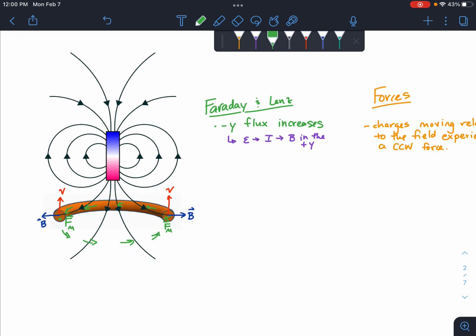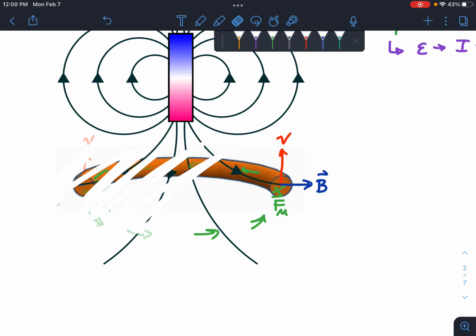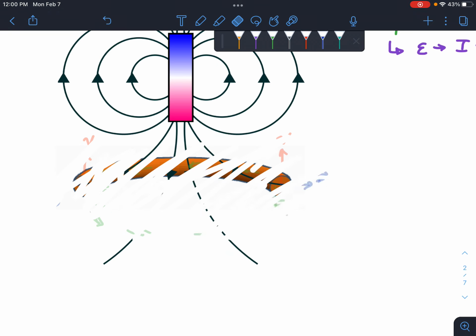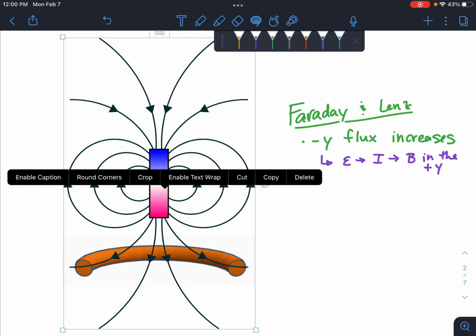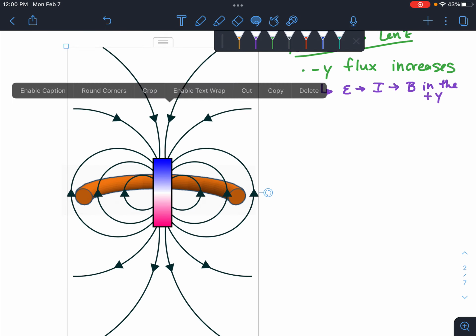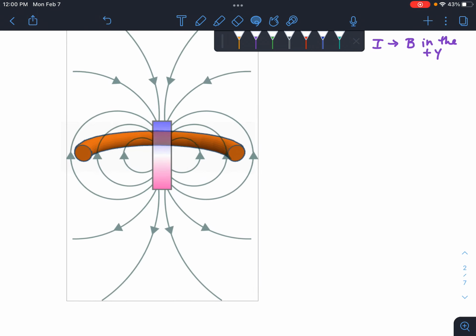Okay. Now let's take a look at what happens when the magnet is passing right through the very center of the ring. So I'm going to erase all this. Okay. So as the magnet is passing right through the very center, we notice that the magnetic flux is essentially unchanging.